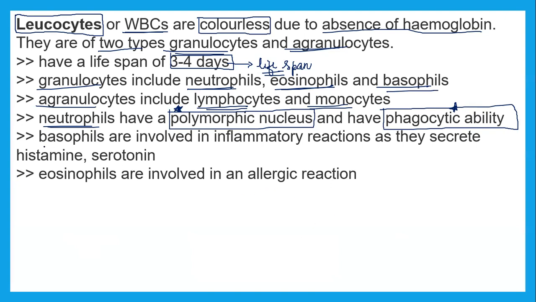Then you have the basophils. Basophils are involved in the inflammatory reaction, very important. They also secrete certain substances such as histamine and serotonin. This is a repeated NEET AIIMS question, repeated for several years, 100% MCQ.